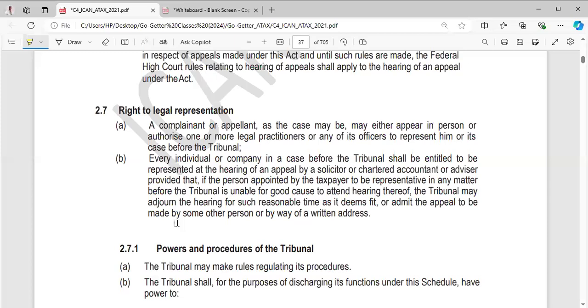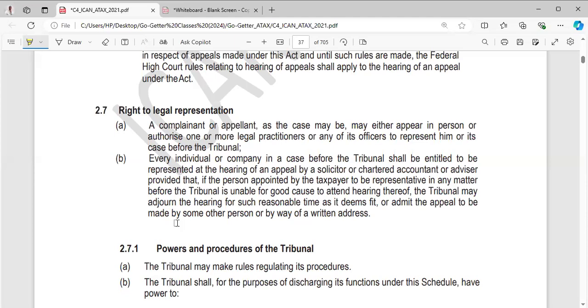But in this case, when it is appealed to the Federal High Court, a complainant or appellant may either appear in person or authorize one or more legal practitioners to represent him. Every individual or company in a case before a tribunal shall be entitled to be represented at the hearing of an appeal by a solicitor.